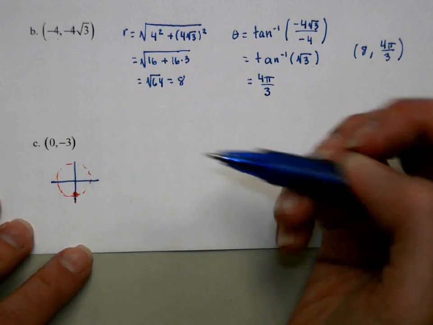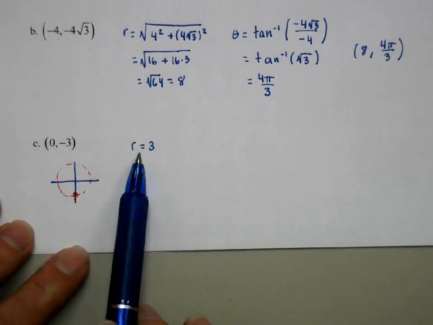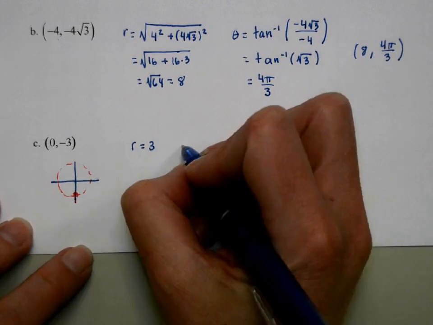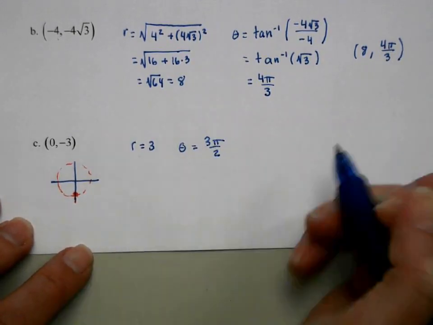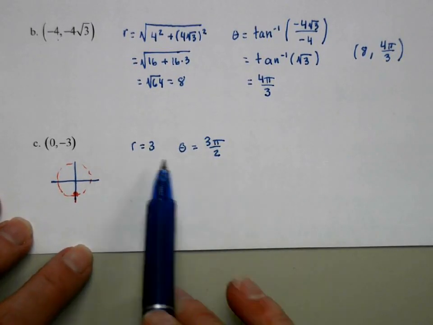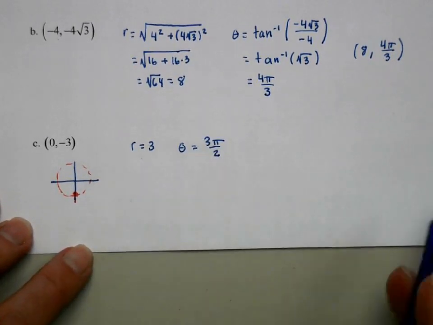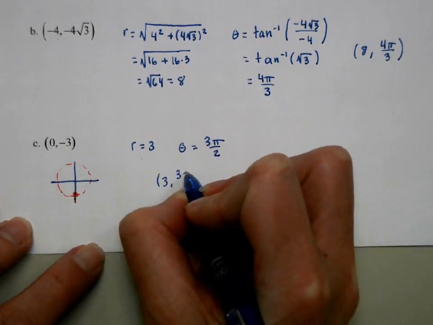My theta is going to be 3 pi over 2. Now, we haven't been given any restrictions, so I could say negative pi over 2 if you wanted. You could even make a negative r and a positive theta if you're feeling like it. But if it's on one of the quadrantals, one of our axes, I would just plot it and use our brains there.